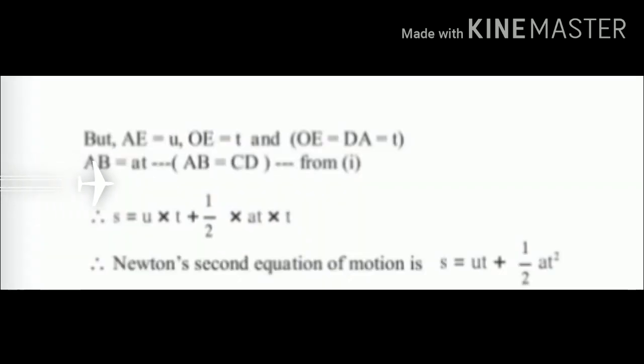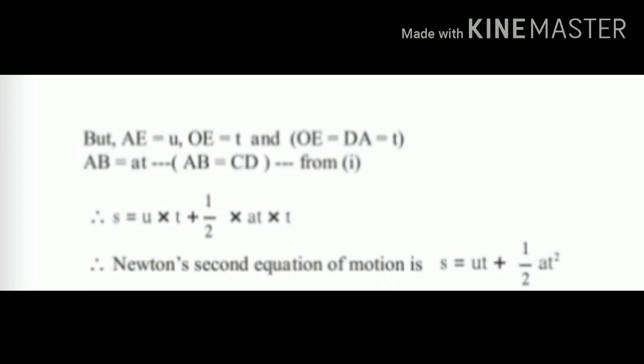But here AE is equal to initial velocity u, and OE is equal to time t, and DA is equal to OE, that is equal to t, and AB is equal to at, because AB is equal to CD and CD is equal to at, from equation number 1.